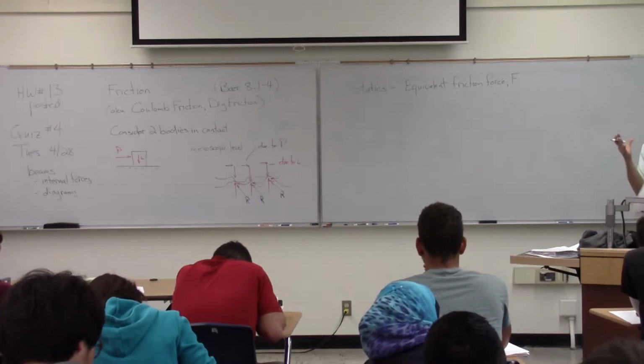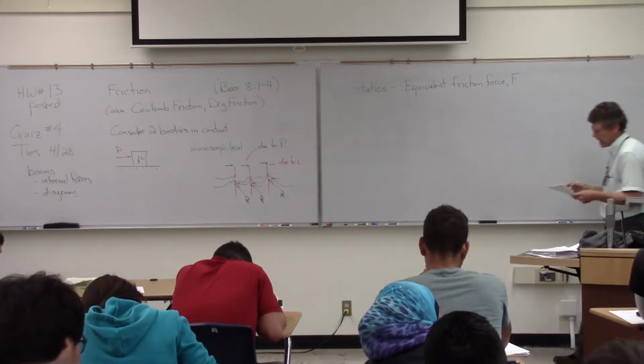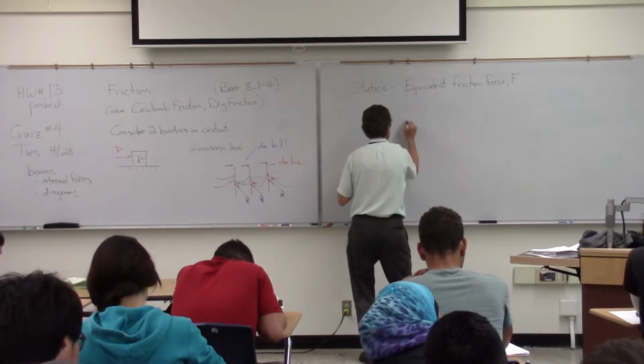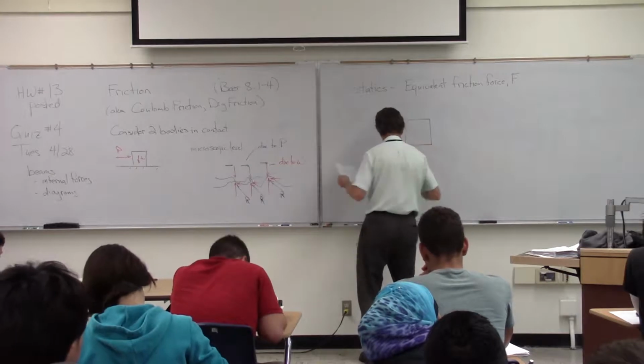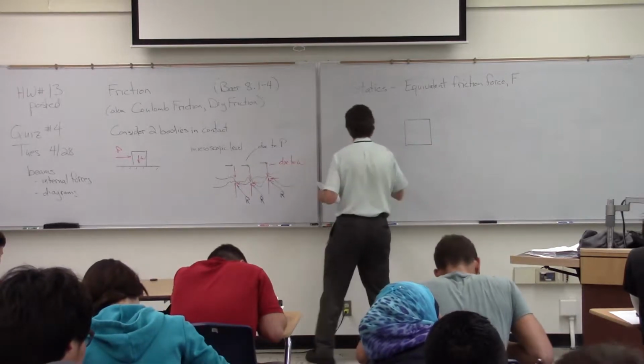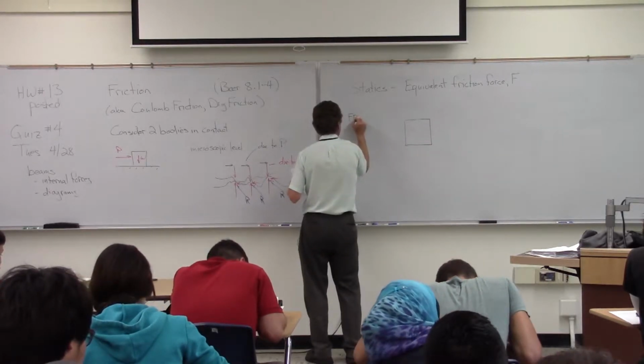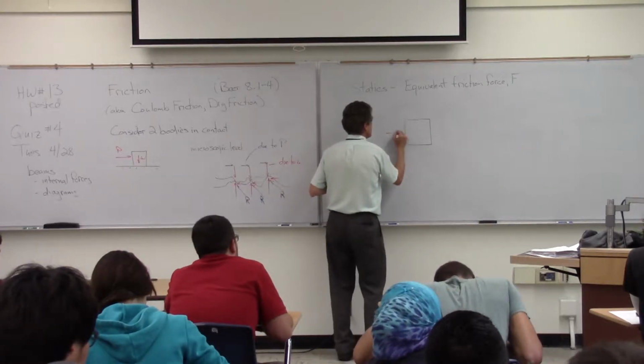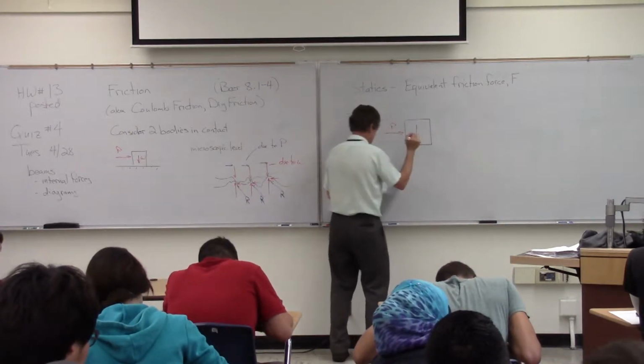So we're going to create this equivalent friction force F. And we do a free body diagram of the box there. We've got our P and our weight.